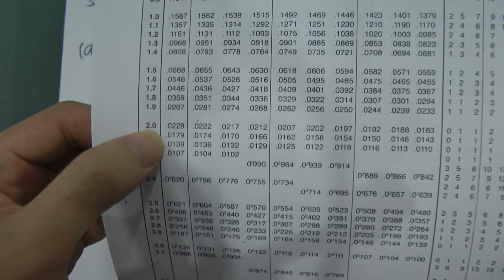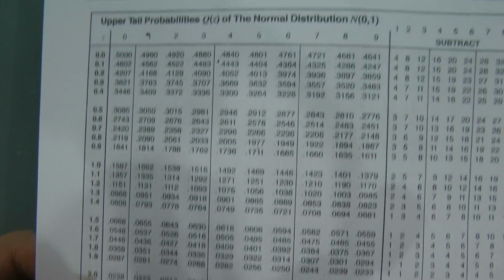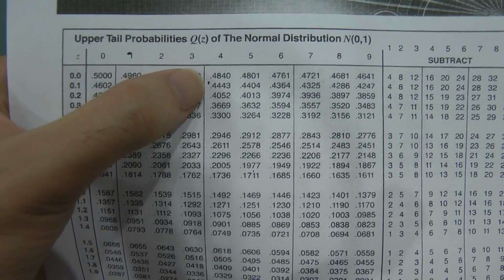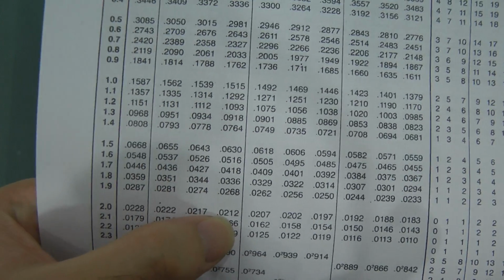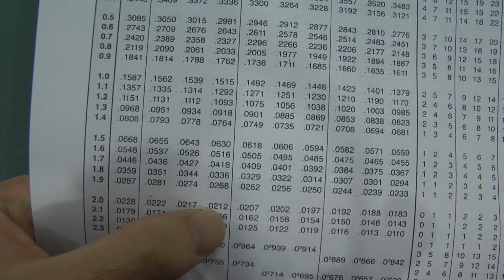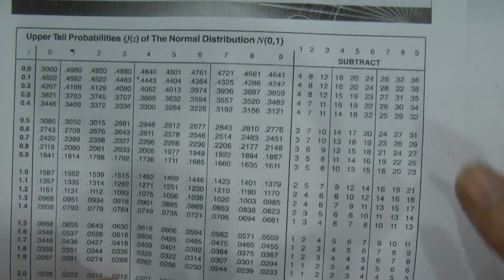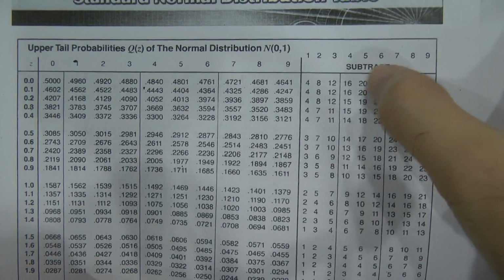Do you see 2.0 here? For 2.033, first look at the first 3 here, and then go down to 2.0. You get 0.0212.